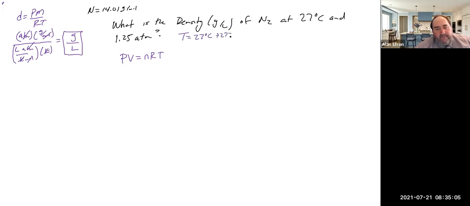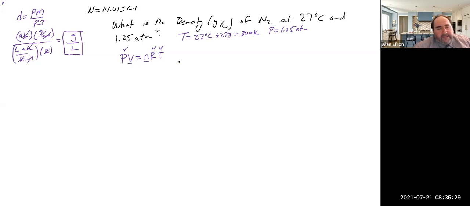So obviously we need to convert there, and that gives us 300 Kelvin in this particular case. We also have a pressure given to us, which is 1.25 atmospheres. So we have pressure, we have temperature, we always have R. We don't have N or V.